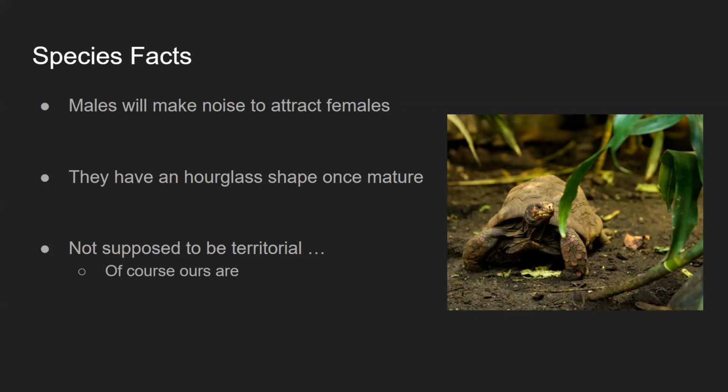However, our two boys definitely are territorial. I'm not sure why they started doing this, but once we got them from the Roanoke Zoo, they started sparring with each other. So we've had to keep them separated. If you ever get them out, definitely one at a time or on different sides of the quad, so they don't end up trying to bite each other. They're very good at sparring.